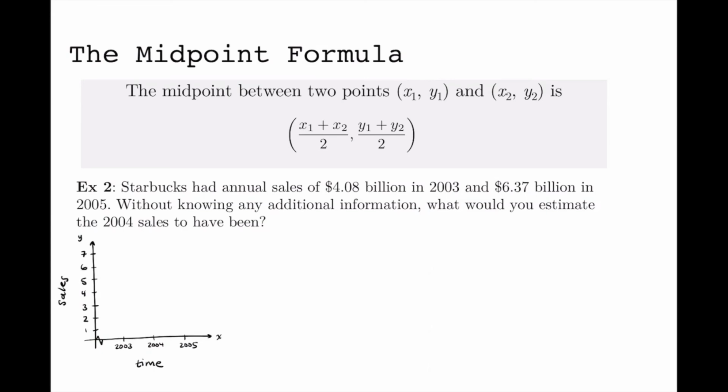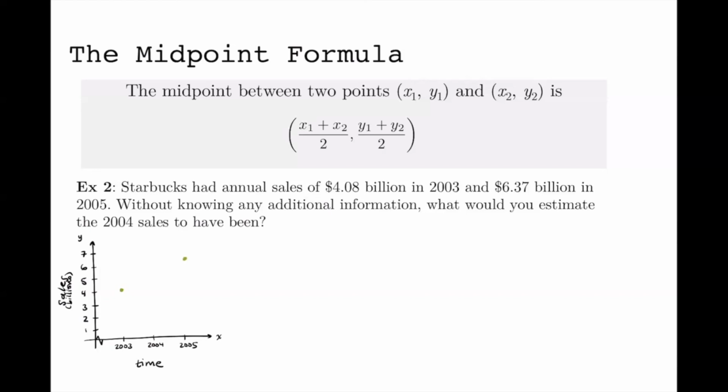And maybe we should indicate on our axes that this is in billions of dollars, so everyone knows what these things are measured in. Now in 2003, we had 4.08, so let's just say around 4. Then in 2005, we have 6.37, so we'll go up to a little bit between 6 and 7.